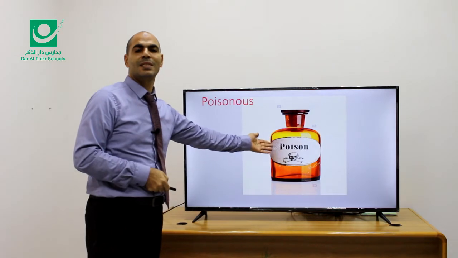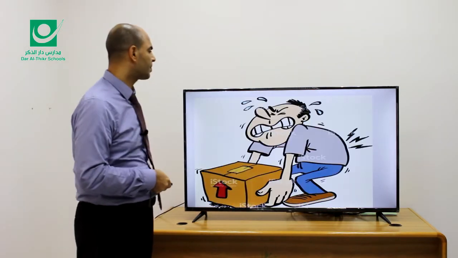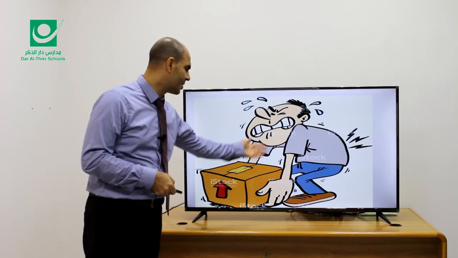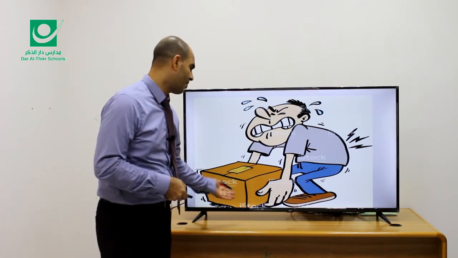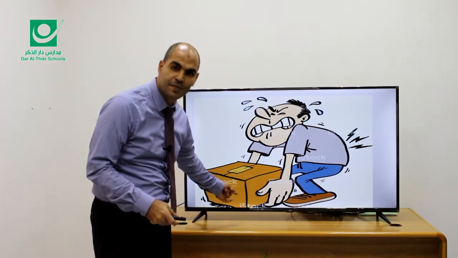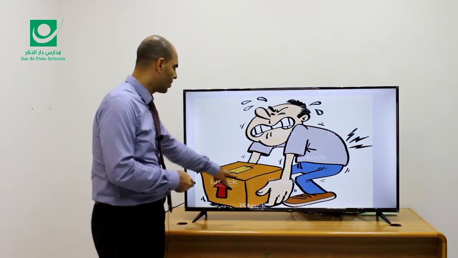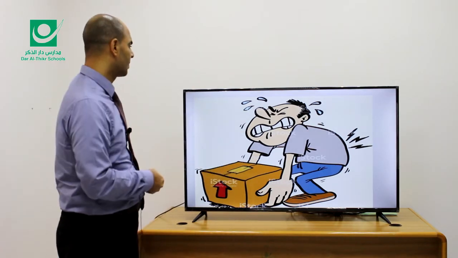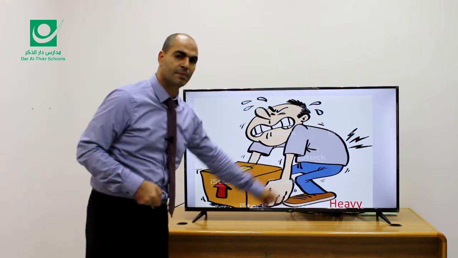So this is poisonous. The next word, what can you see? Yes, the boy or the man is trying to carry something which is heavy. Very good. So this is very heavy. He can't carry or lift it. Heavy.